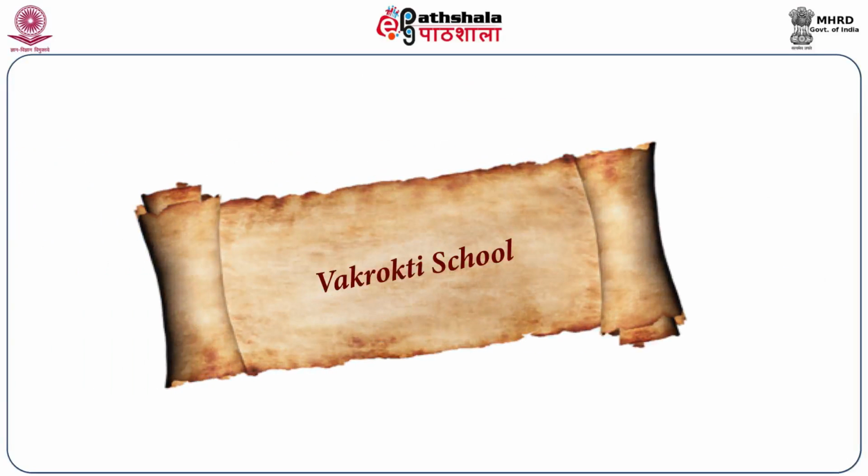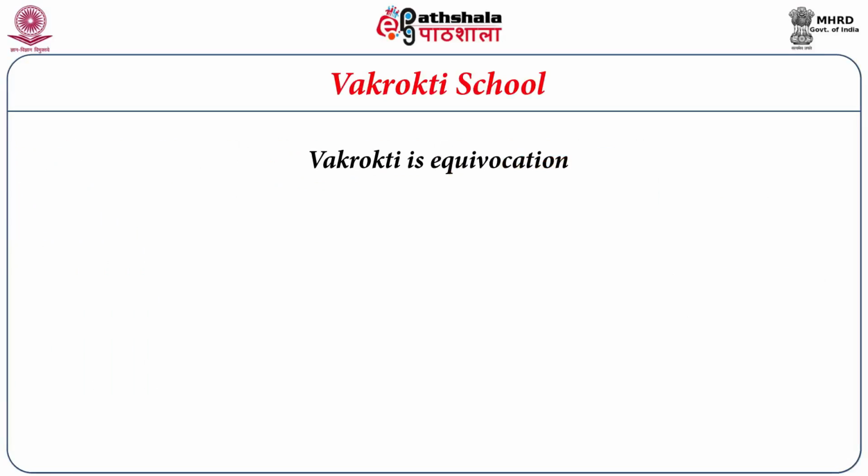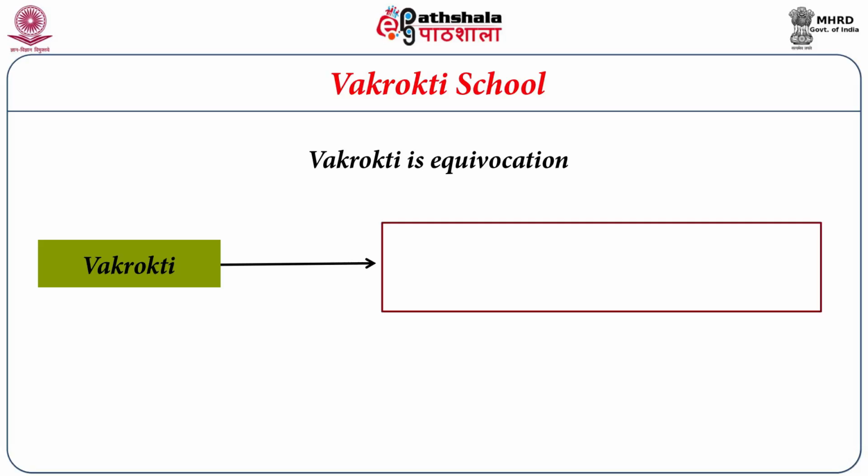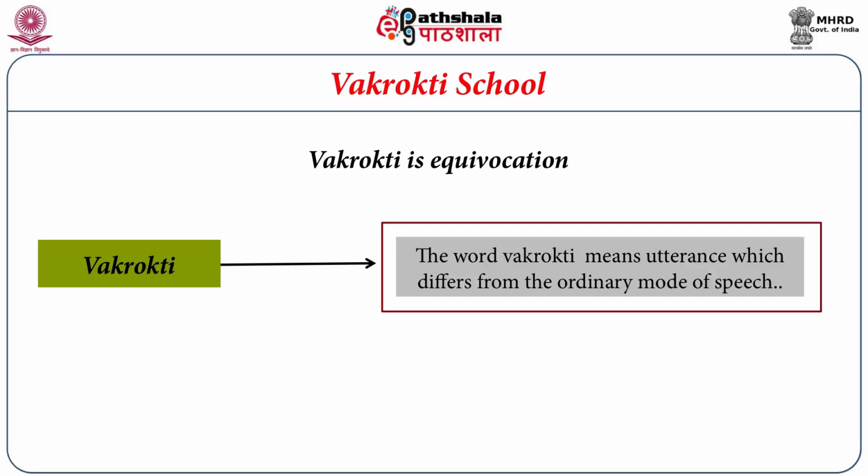Now we shall see what the Vakrokti school is. Vakrokti is equivocation, we can say. It means that you are not directly telling a sentence, but you are adding some beauty by twisting the expression. That's why it is Vakra Ukti. To understand it in a short way, the word Vakrokti means an utterance which differs from the ordinary mode of speech.